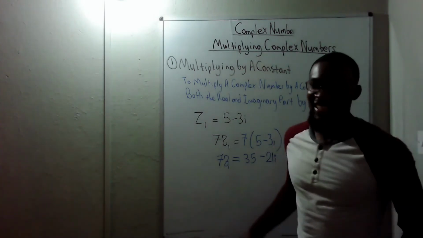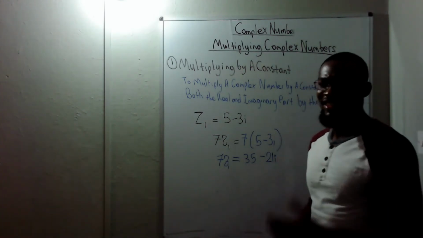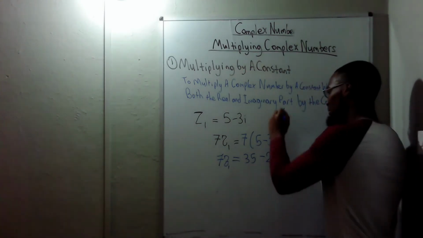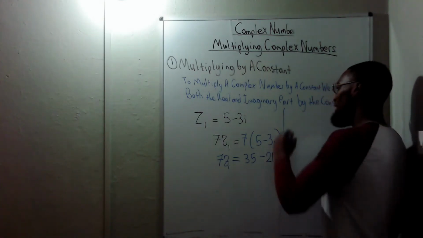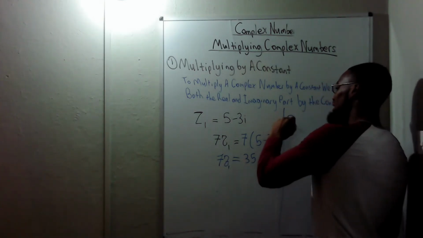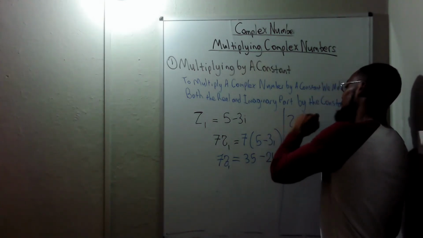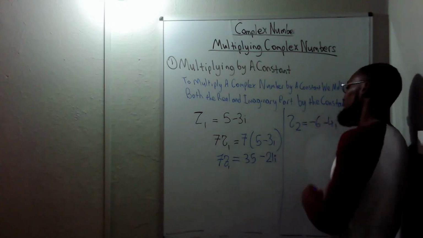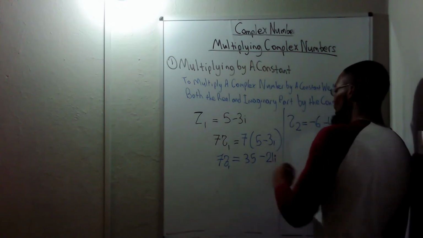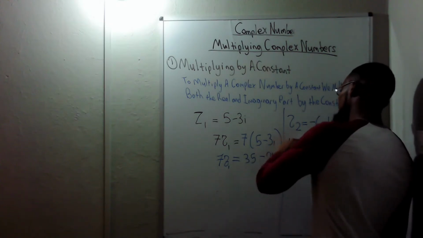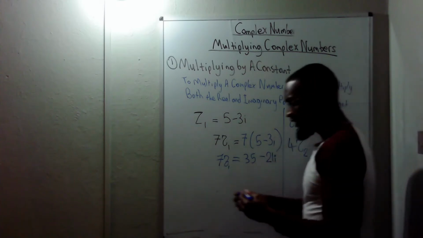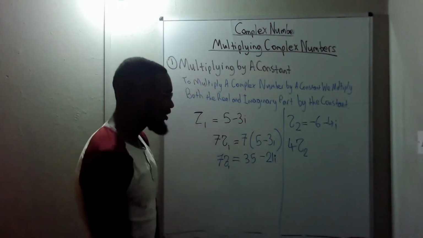Very, very easy to multiply by a constant. So just another one for you to try. Maybe they give you z2 is minus 6 minus 4i. What is 4z2? So work that out.